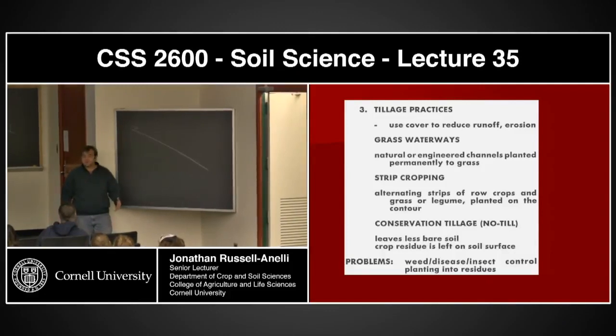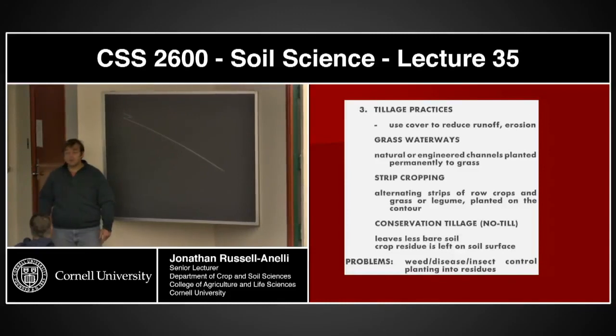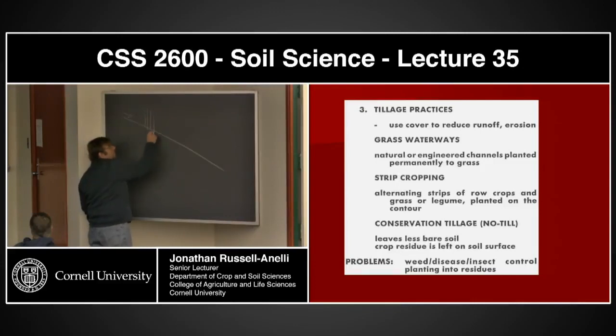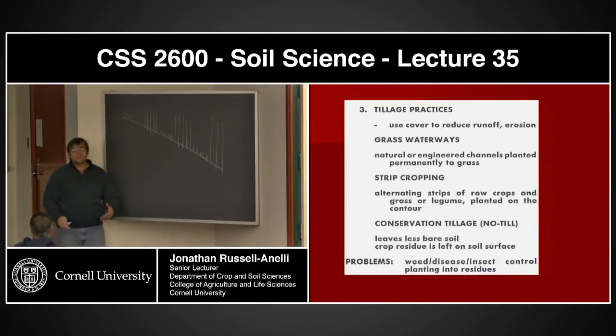Now, what happens if I put some sort of barrier in there? Let's talk about tillage practices or strip cropping or something like that. What happens if I put in corn here, followed by grass, followed by corn, followed by grass, followed by corn? Now, the corn doesn't do a lot to slow that water down.